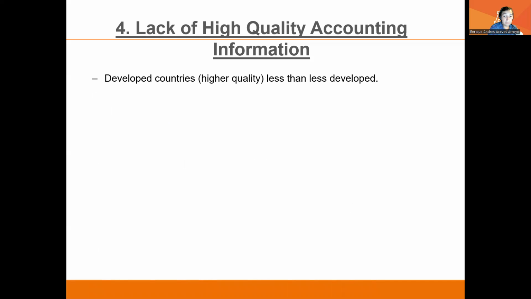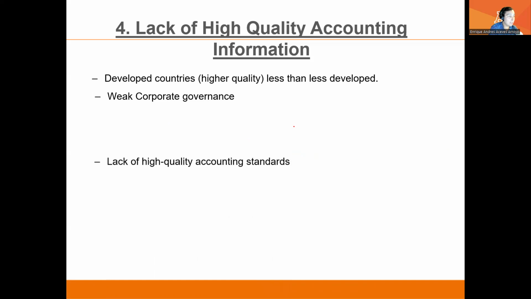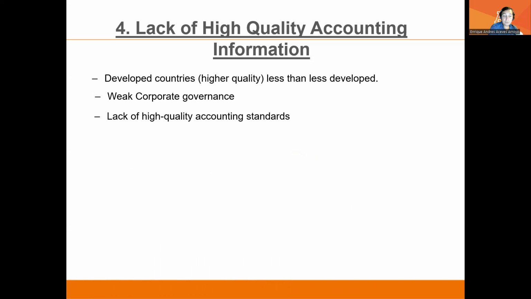And also, you can deal with a weak code of corporate governance, and you might have the lack of high quality accounting standards, and you might have inadequate risk assessment, or the lack of appropriate disclosure requirements.